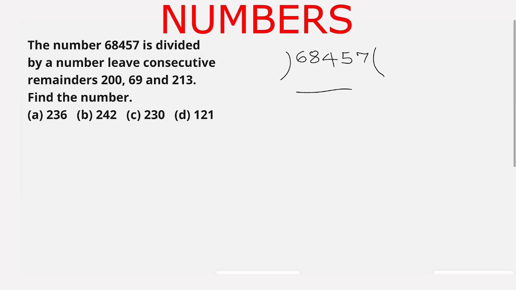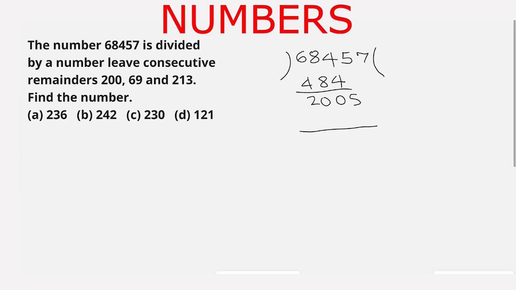The first remainder is 200. On subtracting 200 from 684, we get 484. And 484 when subtracted from 684 leaves remainder 200, which is our first consecutive remainder. Now we carry 5. So the number becomes 2005.